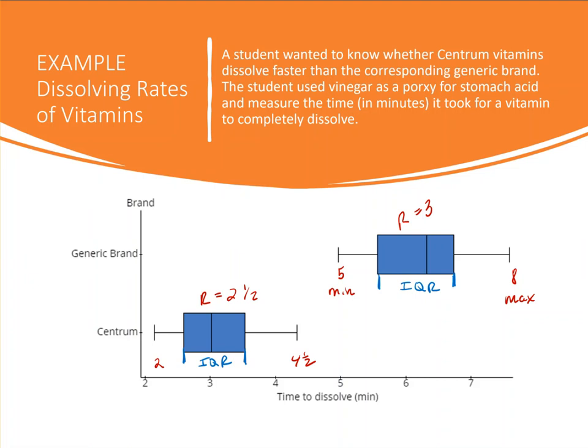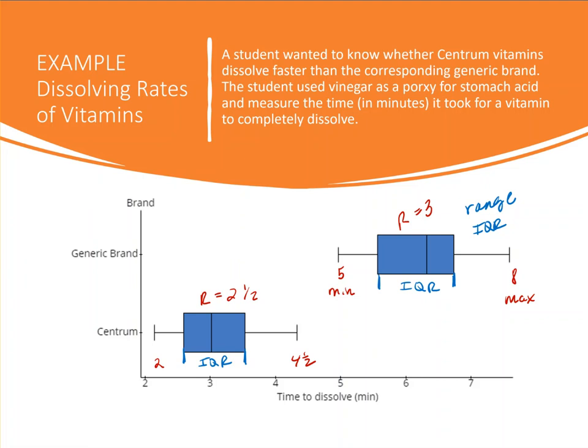So looking at dispersion, I'm looking at two things. For dispersion, I'm looking at range, and I'm also looking at the IQR, which is really another form of range. And so our generic brand would be the vitamin that has the most dispersion.